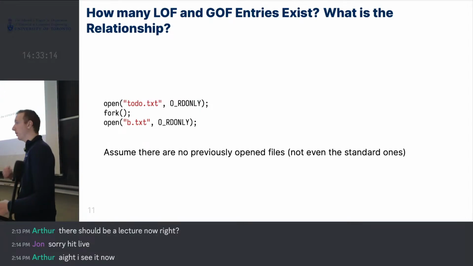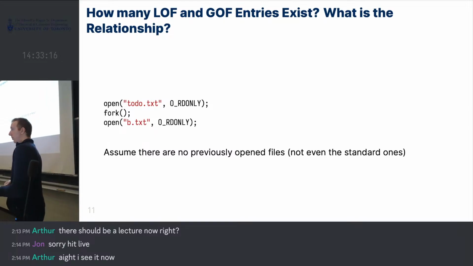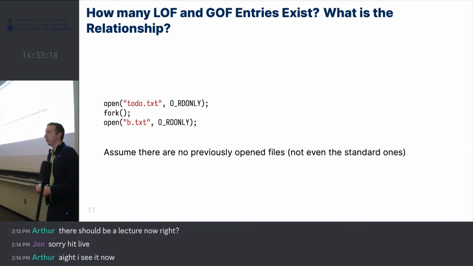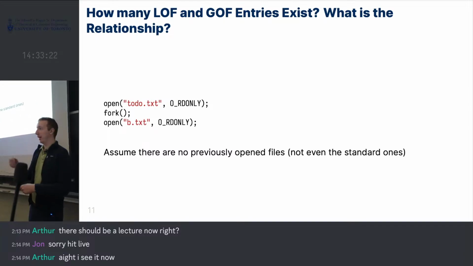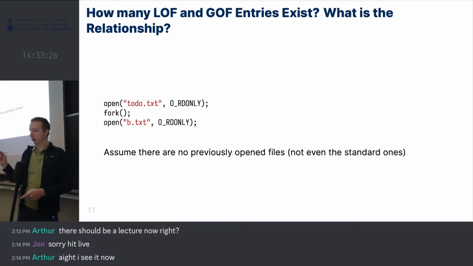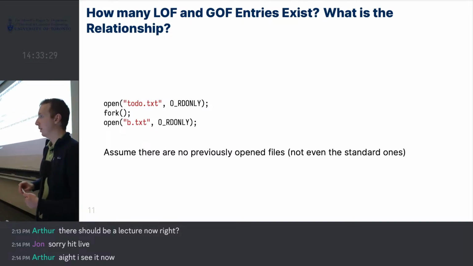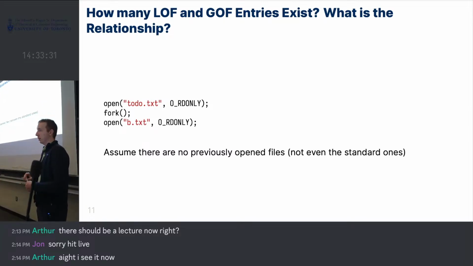You have 3 local and 4 global? Yeah, so specifically, how many would I have in each process? Okay, so each process gets its own global entry for b.txt, and they will have separate locals for both of them.